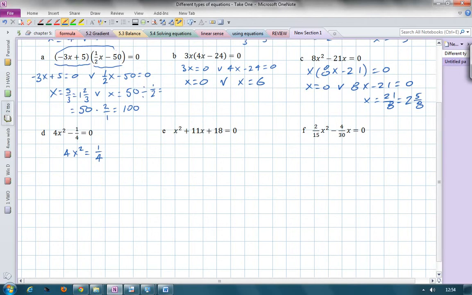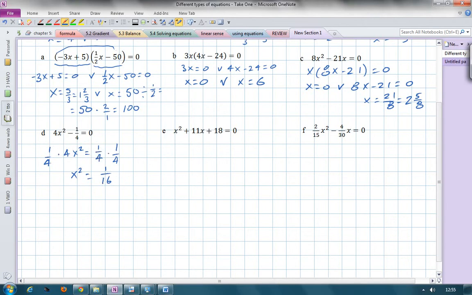What I'm now doing is I want to get rid of this 4 here, so I multiply both sides by 1/4, so that x squared on the left alone is going to be equal to 1/16. Another way to look at it is to say I'm dividing by 4. Well, what's a fourth divided by 4? It's also a 16th.